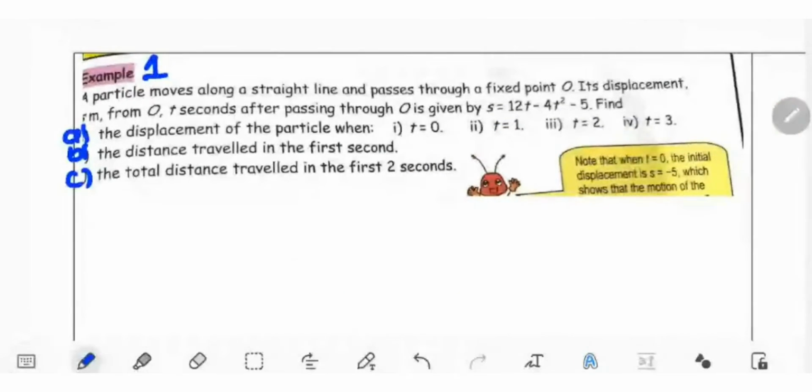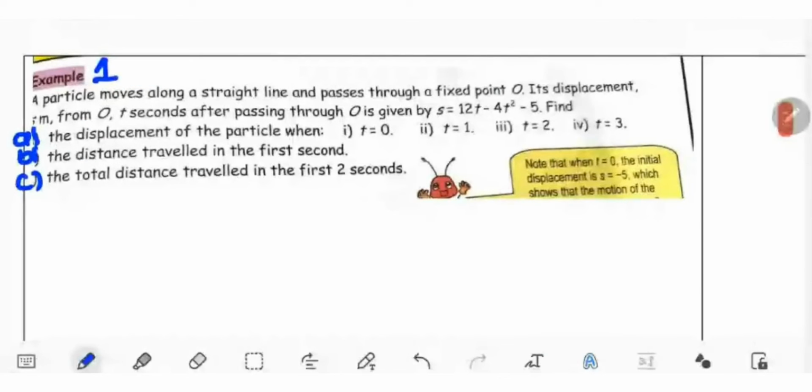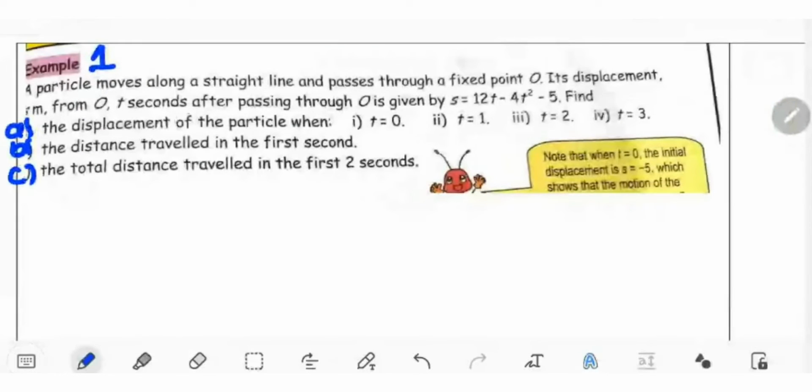Okay. A particle moves along a straight line and passes through a fixed point O. Nampak tak dia sebut fixed point O? Ingat displacement dia mesti measure from a fixed point. The displacement S meter from O, t second after passing through O, is given by this function.